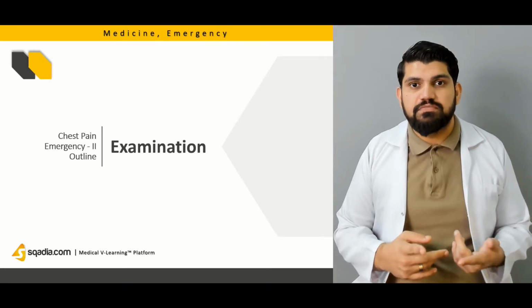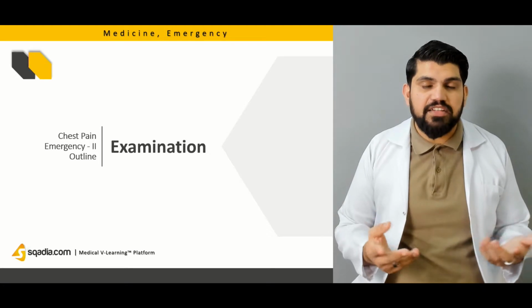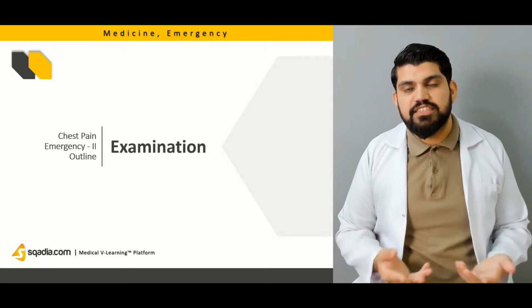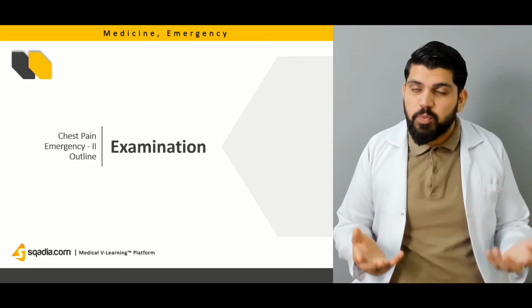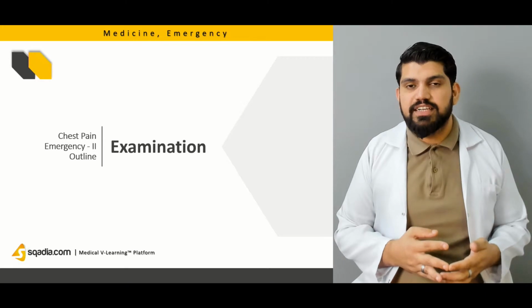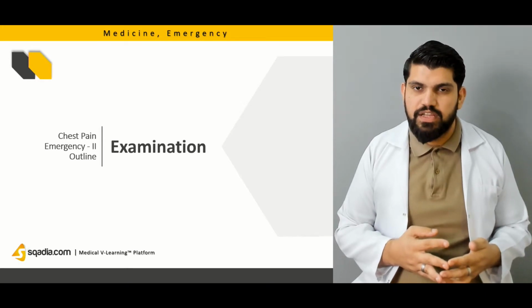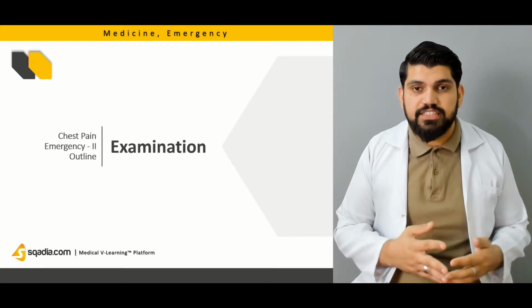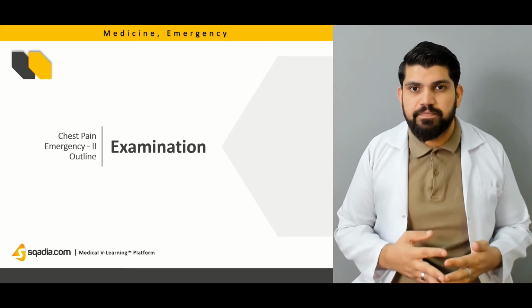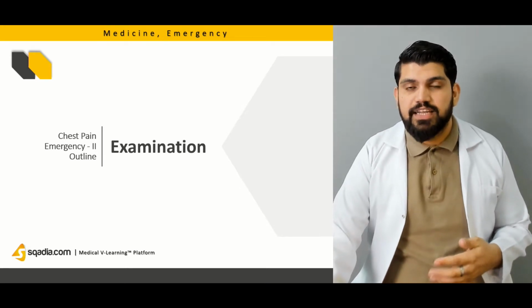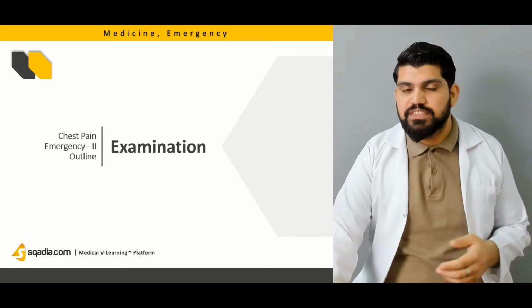Pulmonary examination, rales, wheeze. You can have rhonchi, multiple findings in chest auscultations. What is the significance of this? Will be taught in detail in the section of examination. Abdominal examination for different other diseases that can present to you with chest pain. So these are important examination points that I will explain under the section of examination.